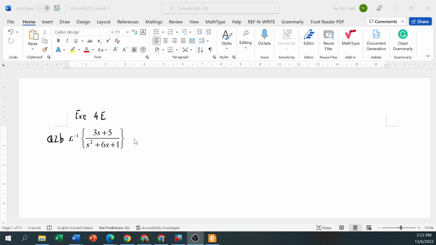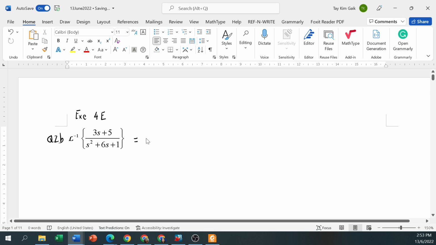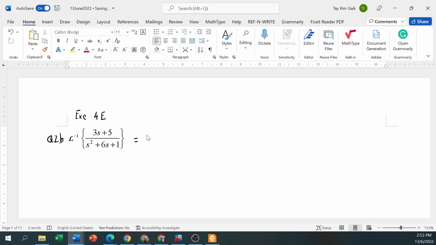So for this one, we'll do s squared plus 6s plus 1, completing the square. Then we're going to do the 3s plus 5. To complete the square, if the coefficient of s squared is not 1, you have to factor it out. In this case it is 1, so you can open your bracket: s, and then the linear term plus 6s.